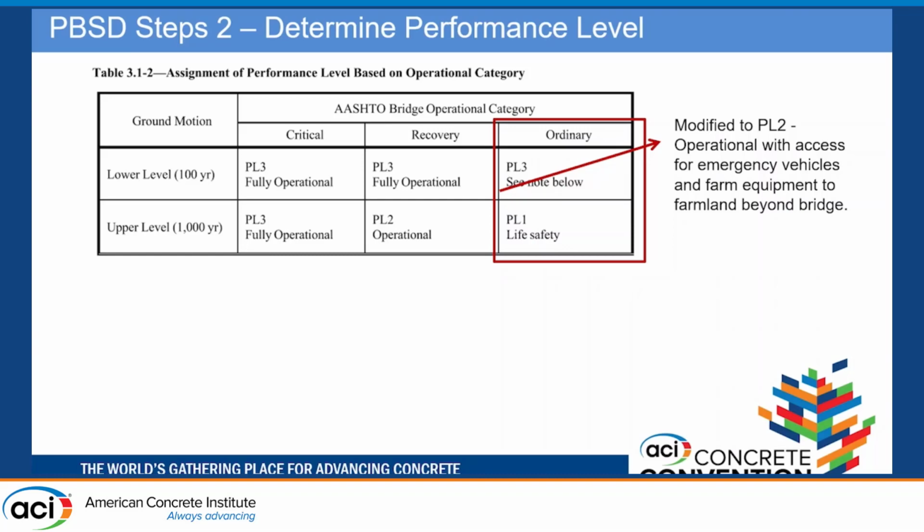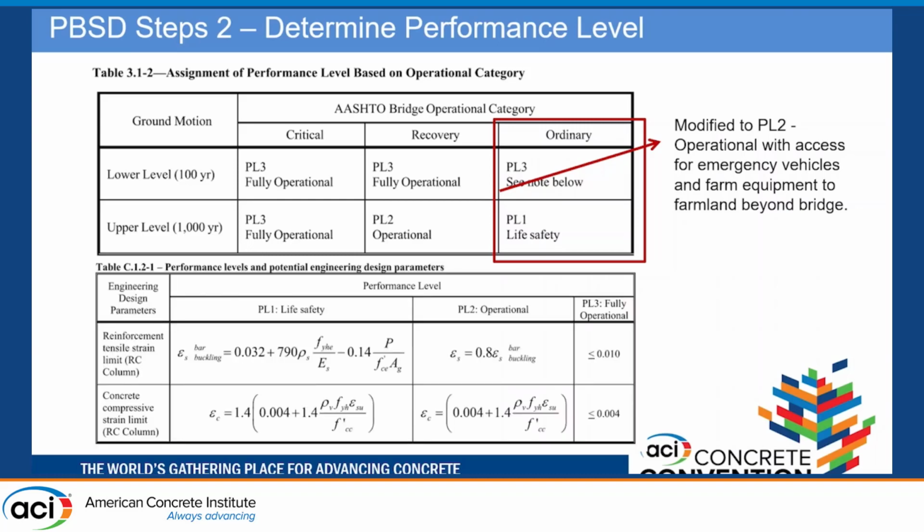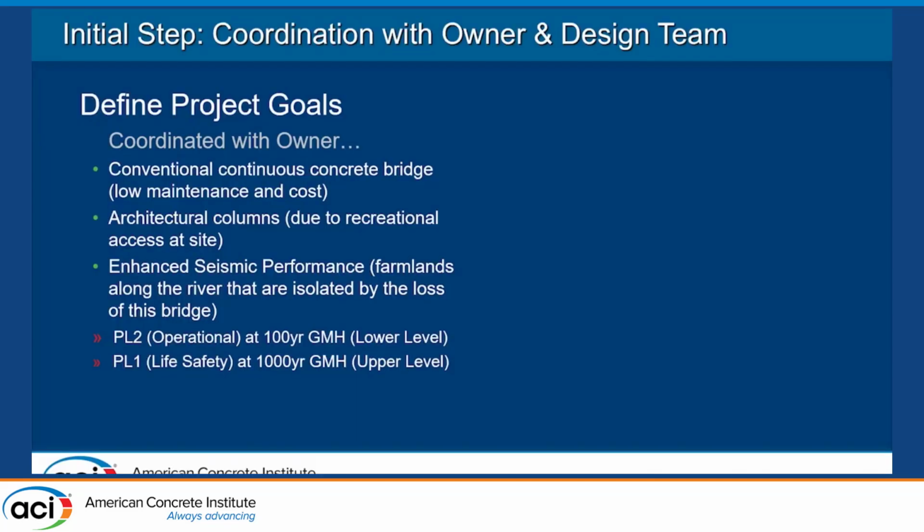You get to modify them. They become a bunch of puzzle pieces that you can put together as you need. So to do that, we're now going to work in the operational PL2 level instead of the PL3 strain limit levels for this design example. And we're still going to perform the same PL1 life safety criteria. So moving forward, we now sit down with the owner and we try to understand the goals of the project.